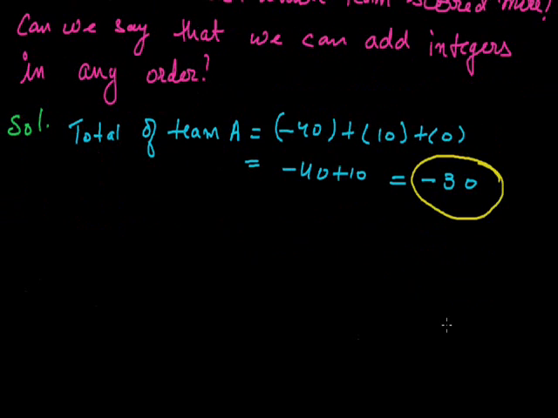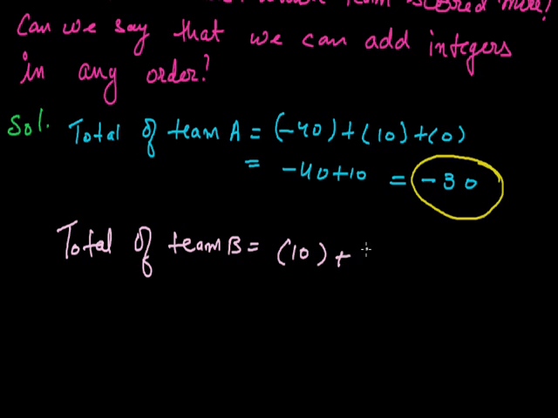Now let us calculate the total score of team B. So the total of team B is equal to 10 plus 0 plus -40. Now it will give you 10 minus 40, which will give you -30.